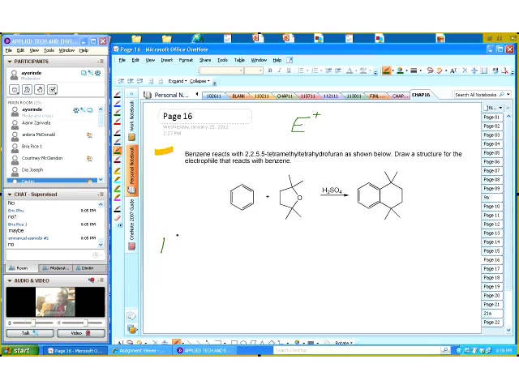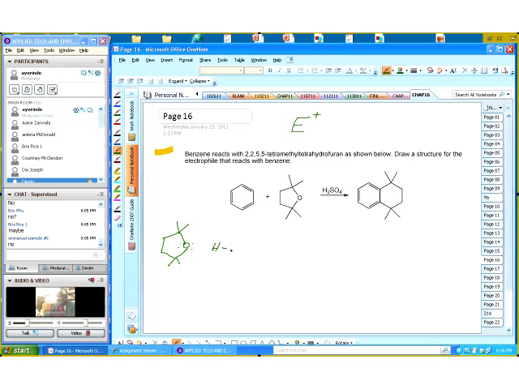We say we have this molecule here. Keep in mind, this is oxygen. Oxygen has a non-bonding pair of electrons. And then you have the acid here.